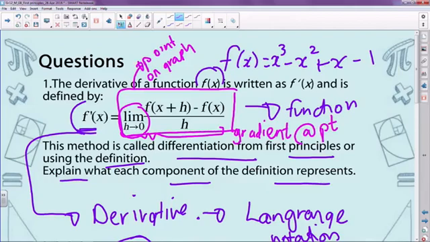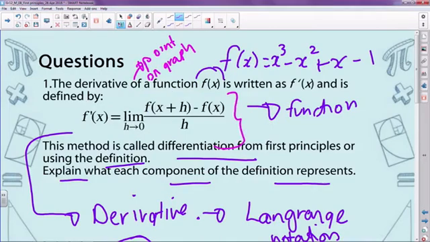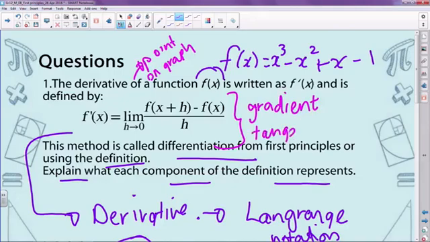All right. And then if we look at the whole thing all together now, f prime x is equal to the limit as h approaches 0 of f of x plus h minus f of x all over h. That whole formula gives us the gradient of a curve, or it can tell us the slope of the tangent line anywhere on the function.